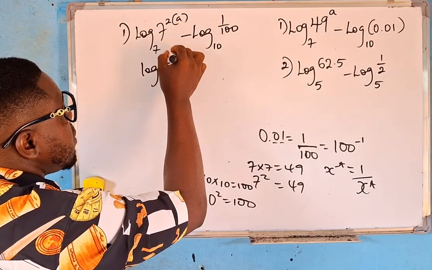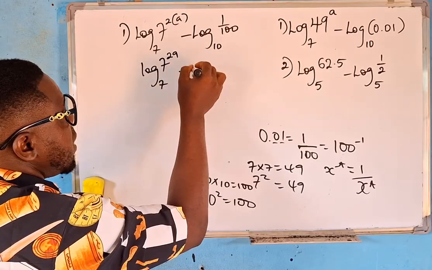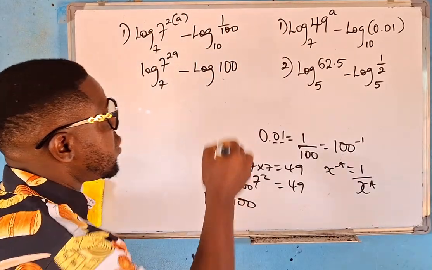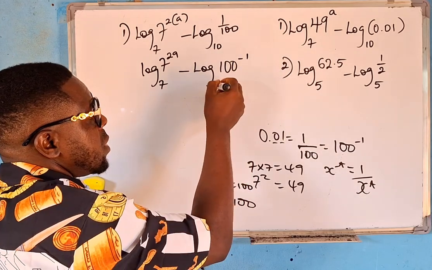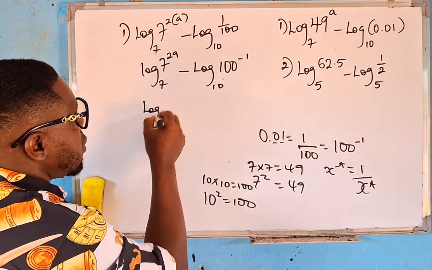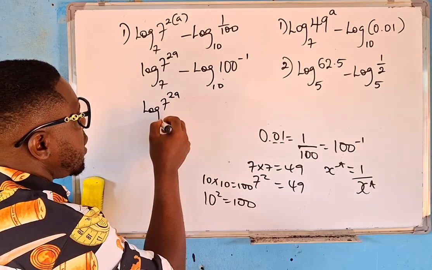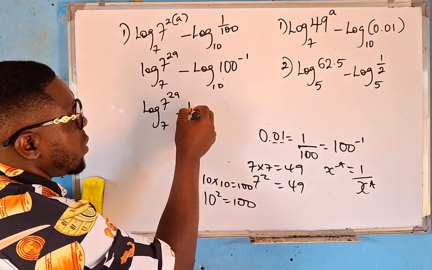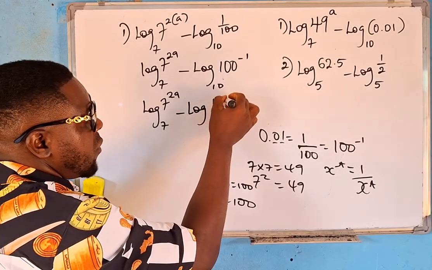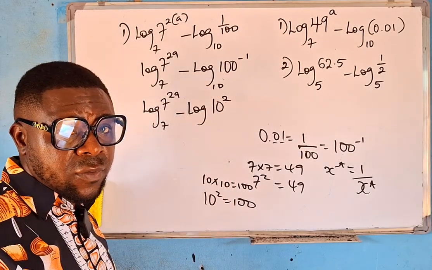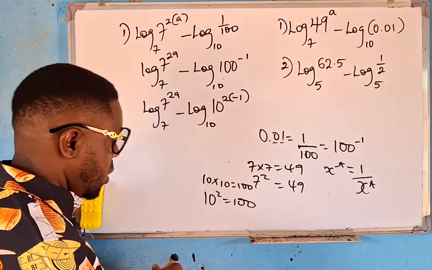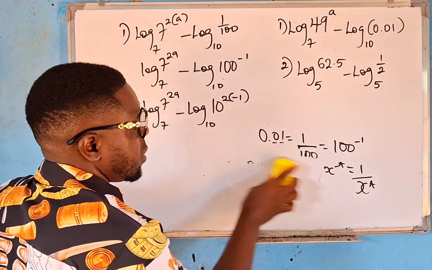So this is log 7 to the power of 2a base 7 minus log 100 raised to the power of minus 1 base 10. Now this will give us log 7 to the power of 2a base 7 minus log 10 to the power of 2, because 100 is the same as 10 to the power of 2, bracket minus 1, in base 10.